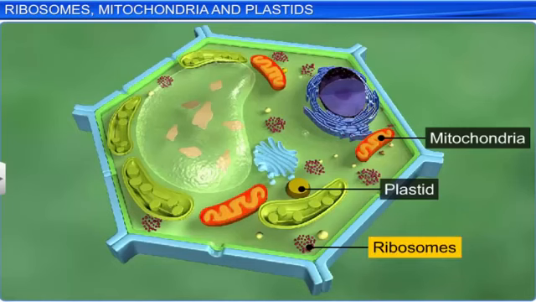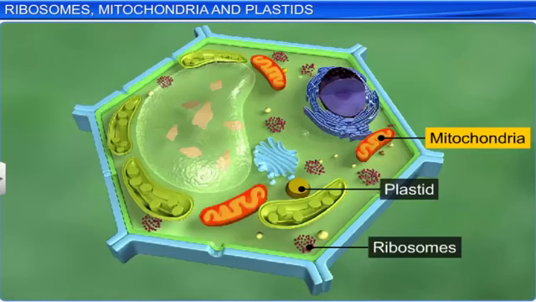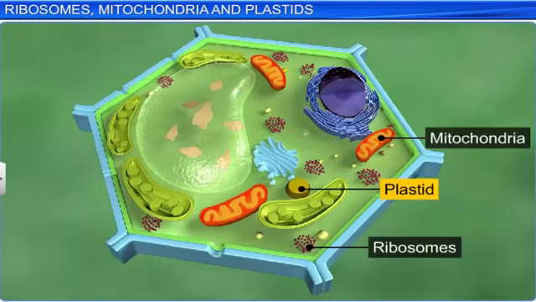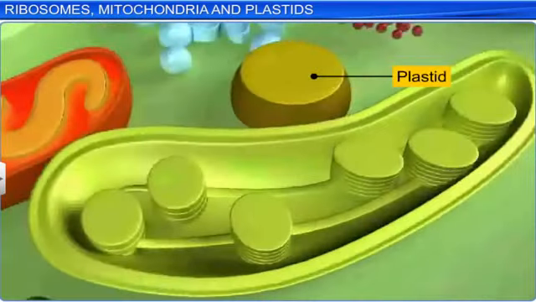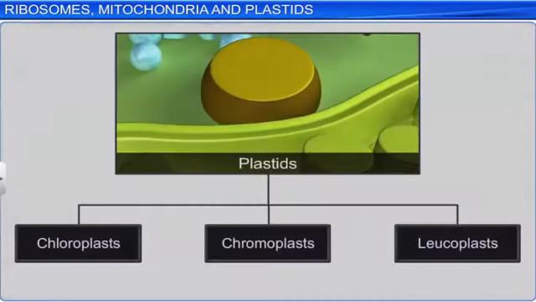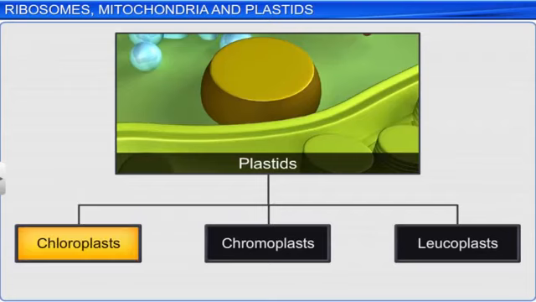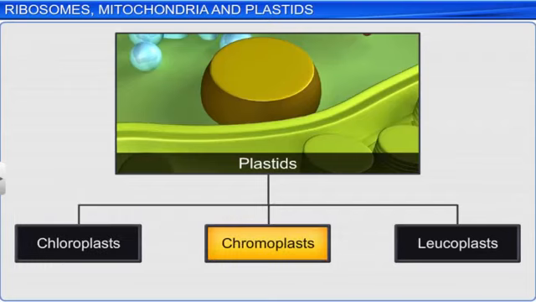Apart from ribosomes and mitochondria, plastids are also one of the most important cytoplasmic organelles in plants. They are bound by a double membrane and contain pigments that impart specific colors to plants. Based on the pigments they possess, plastids can be classified as chloroplasts, chromoplasts, and leucoplasts.